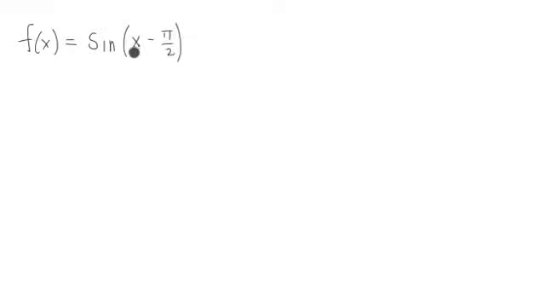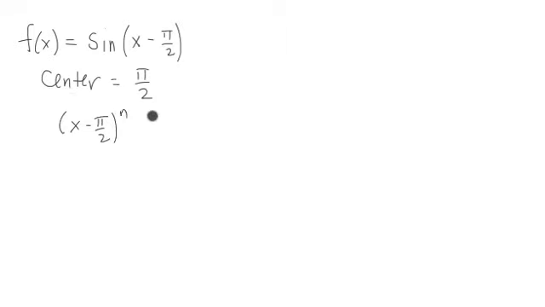And we're going to look at the Taylor series of this with the center pi halves. Now, what does this mean? This means that when we write out the series, everything will be in terms of x minus pi halves to the nth power.